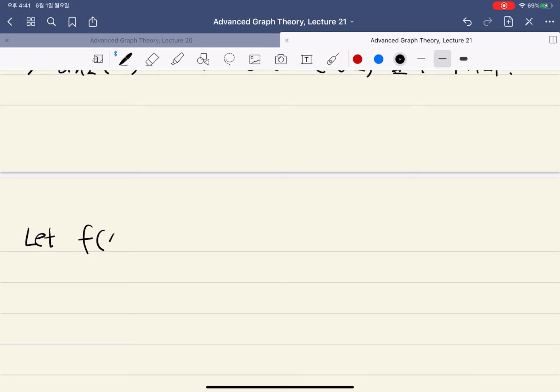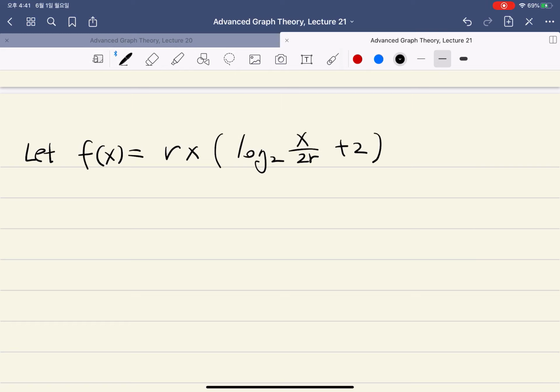So let f of x be the function R times x times, say, log of 2x over 2R plus 2. This is some strange function, but we will see why we choose this function in this way. The reason is that this is a slow growing function, so that we can get some information later.